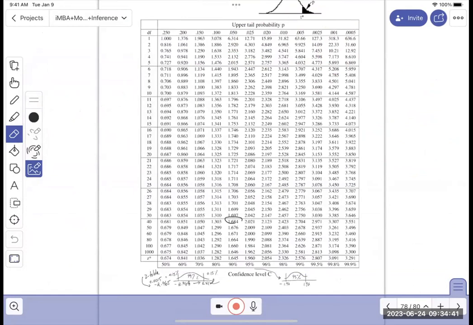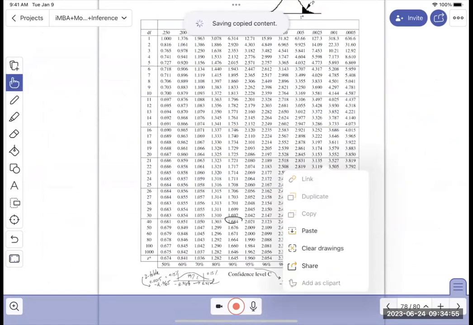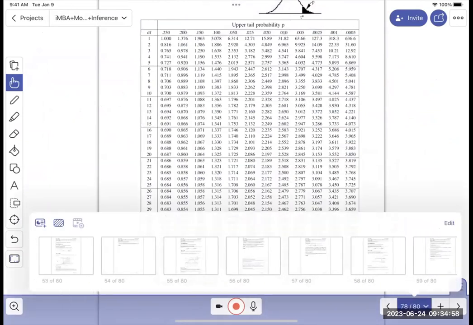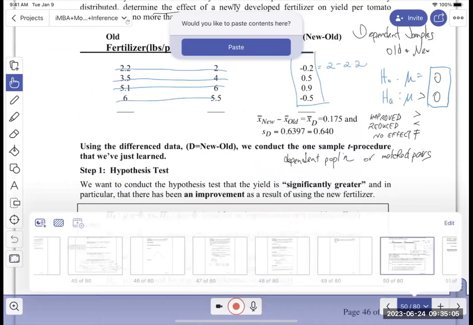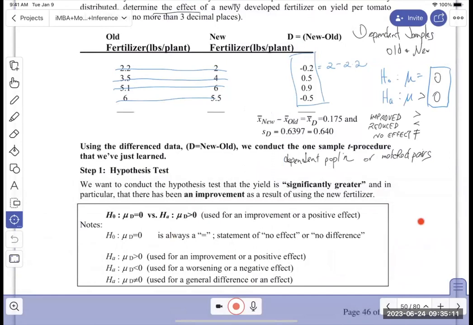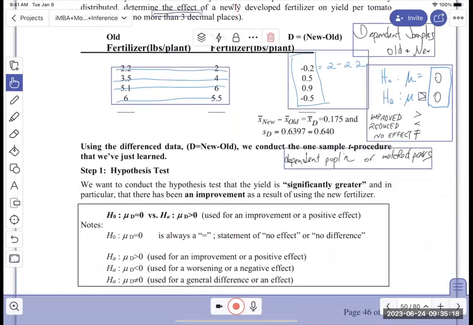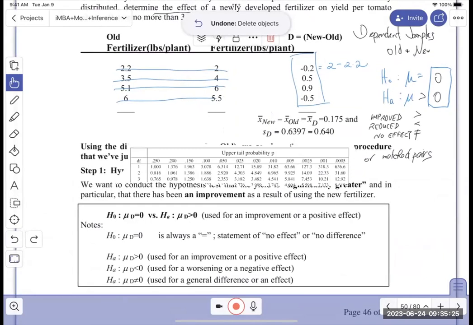Okay, so I'll take this with me from here. Oh my goodness, I hit the wrong thing.